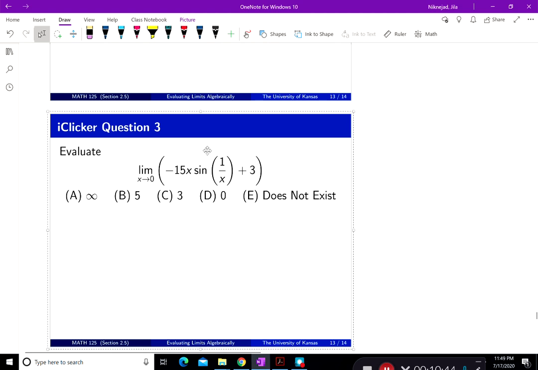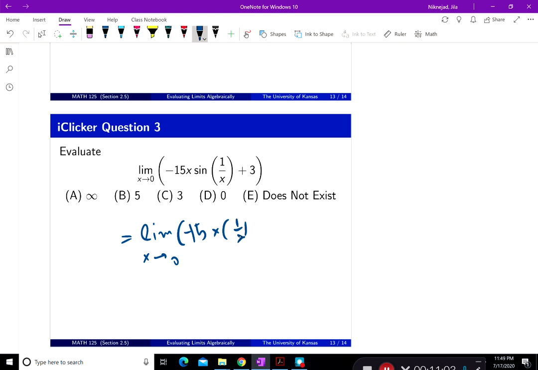This is going to be equal to the limit of negative 15 times x sine of 1 over x, plus the limit as x goes to 0 of 3, right?